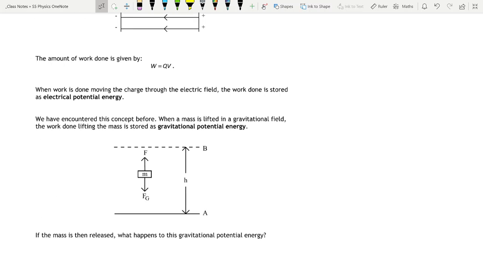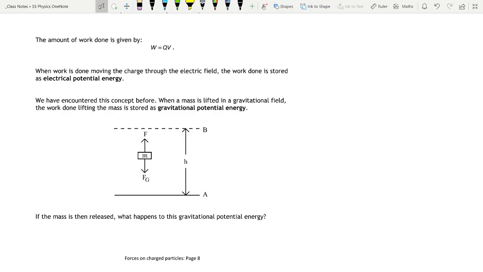When a mass is lifted in a gravitational field, the work done lifting the mass is stored as gravitational potential energy. And just a question at the end, before I get you to do some questions yourself. If the mass is then released, what happens to the gravitational potential energy? Changes into kinetic energy. Yeah. So changes into EK.